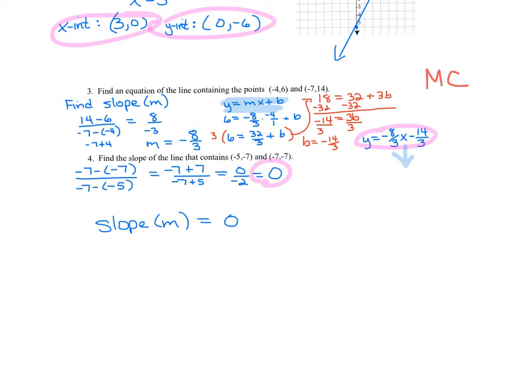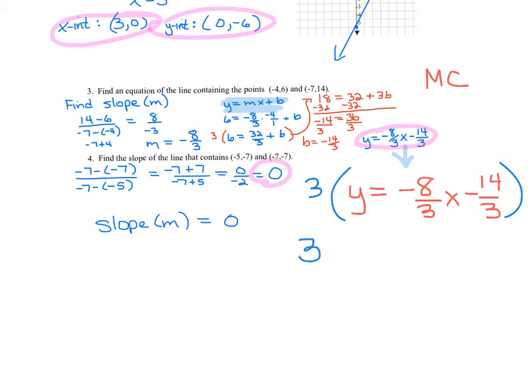So if you don't see slope intercept, then you need to realize, wait a minute, I need to put this back into standard form, and standard form doesn't have any fractions. So what I'm going to do is I'm going to take the slope intercept, and in order to get this without any fractions, I'm going to multiply everything by 3 to clear the fraction.